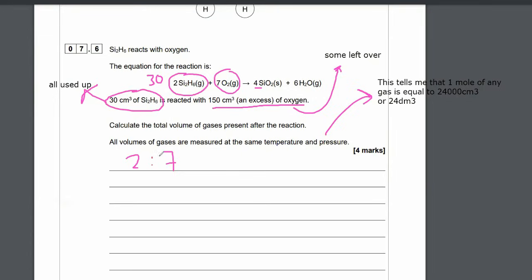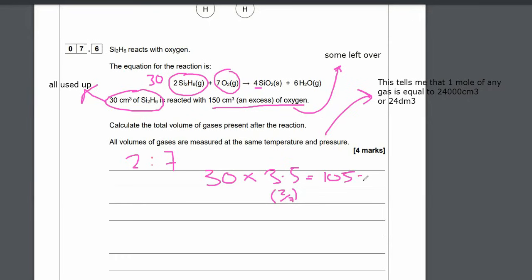So what I need to do is take 30 times it by 3.5. 30 times 3.5 equals 105. I could times it by 3.5, what am I on about? I'm on about 2/7. And that equals 105.